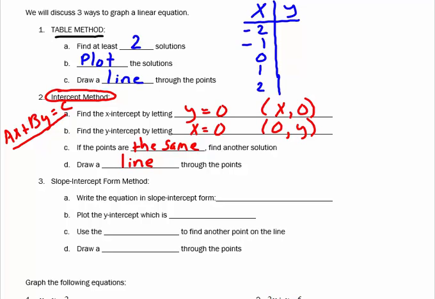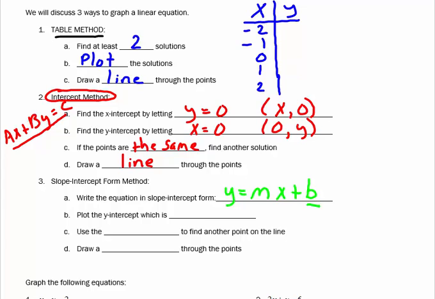Now, the slope-intercept form is what most students like to use. However, if it's not in the right form, you might make a mistake putting it into slope-intercept form, so be very careful. If you're going to use slope-intercept form, you need to put it in y equals mx plus b. That's slope-intercept form. Now, what is the y-intercept? The y-intercept is b, because if x is 0, mx goes away.